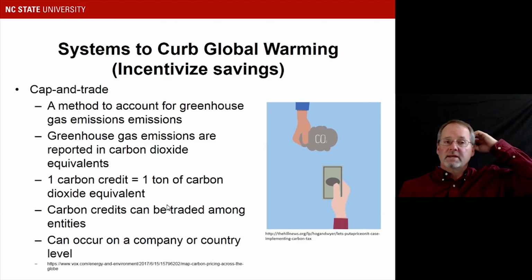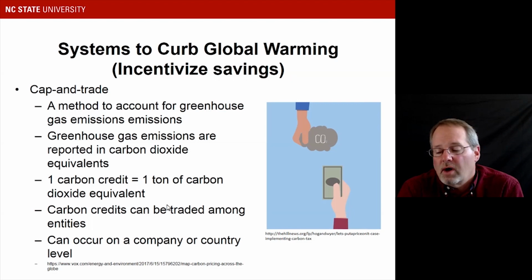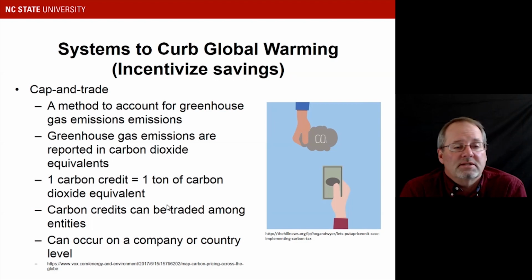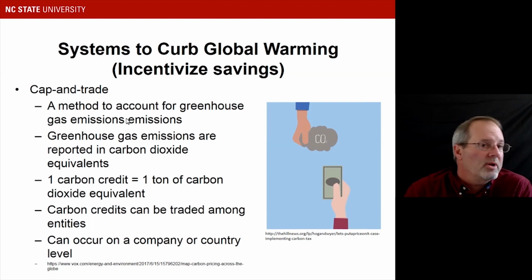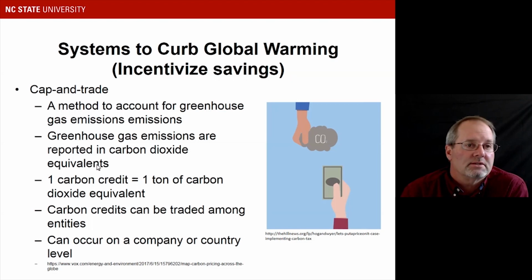So one of the ways that we're trying to curb global warming is by incentivizing savings. A cap and trade is a voluntary approach where companies or entities join in, and basically they are going to account for greenhouse gas emissions. So everybody will calculate their greenhouse gas emissions. The greenhouse gas emissions that they calculate and report usually are in what's called carbon dioxide equivalents.